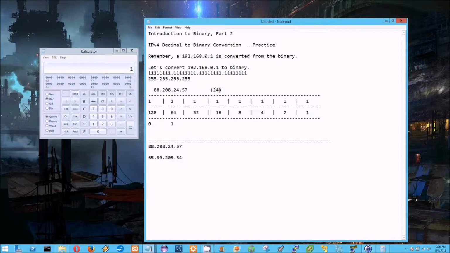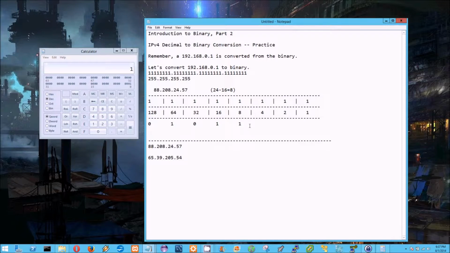Now, is 24 greater than or equal to 32? No. We put a 0. Move on. Is 24 greater than or equal to 16? Yes, it is. Set that bit and subtract 16. And that equals 8. 8 is your next number. Is 8 greater than or equal to 8? Yes, it's the same.